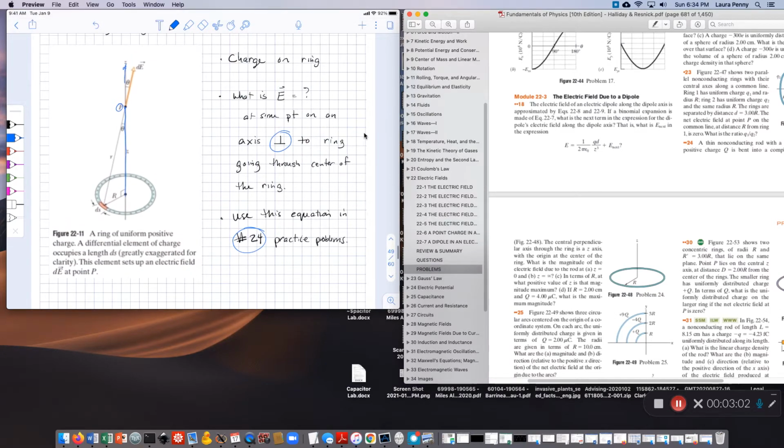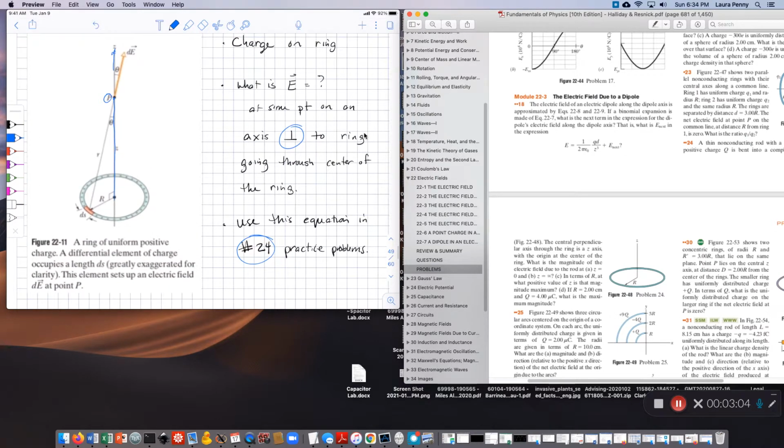All right, so if I look at this problem, I say, okay, I've got this little segment ds, which is actually a length. And on that little ds, there's a dq.